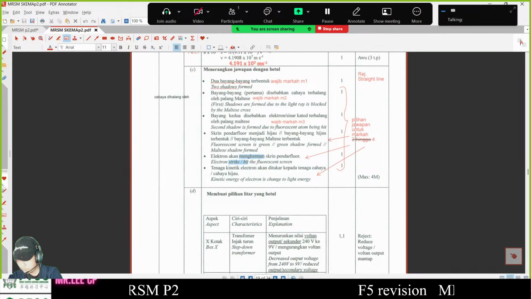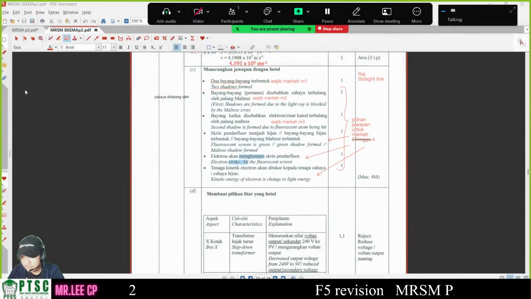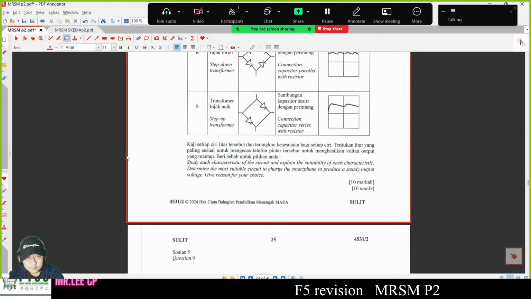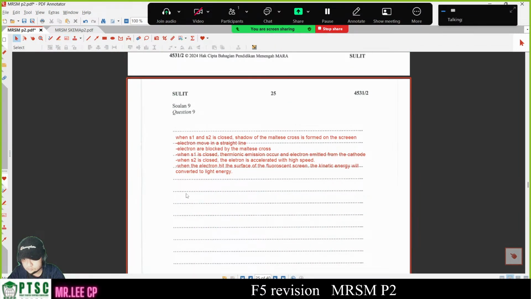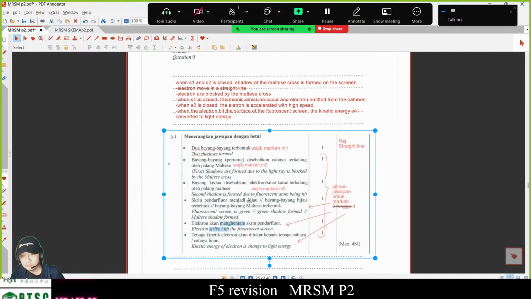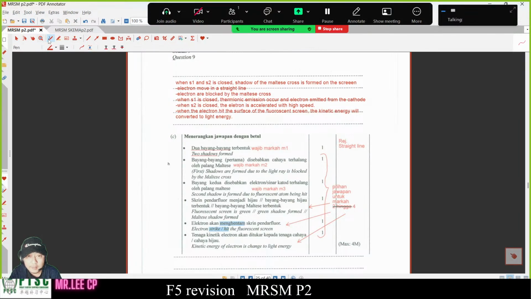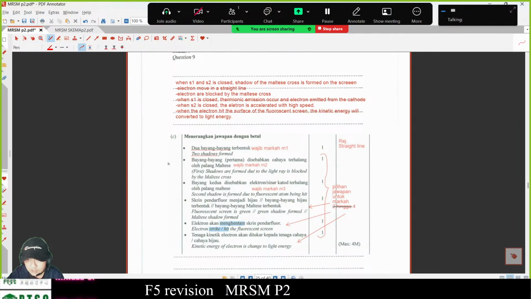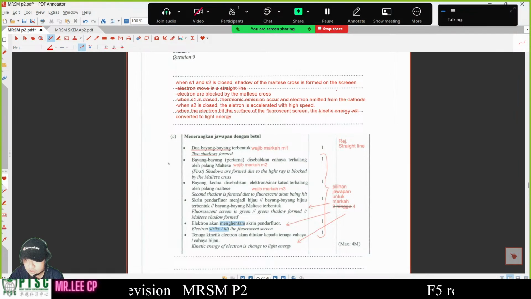Wait now. This is the correct answer. Okay, this is the mark. So I mark on my own. Okay, here the shadow is formed. The shadow is formed on the screen.